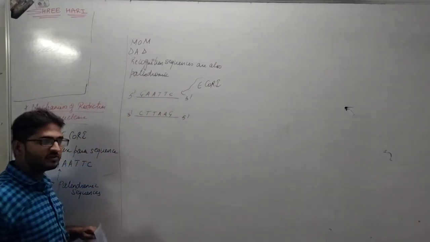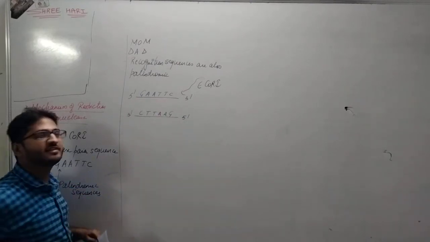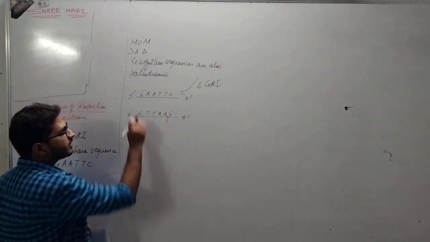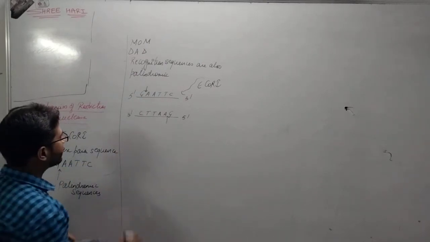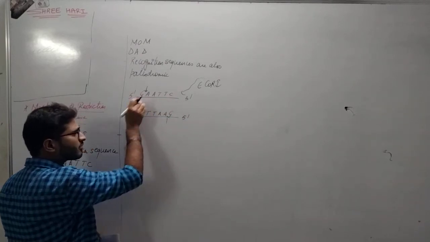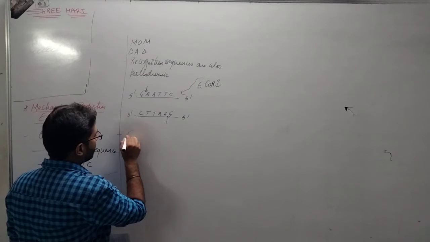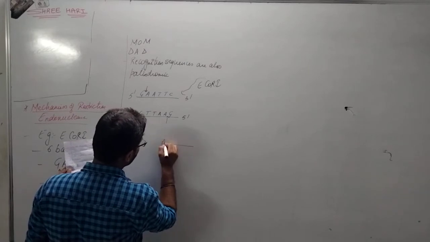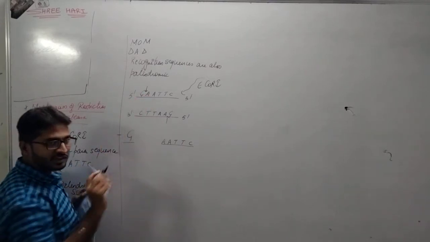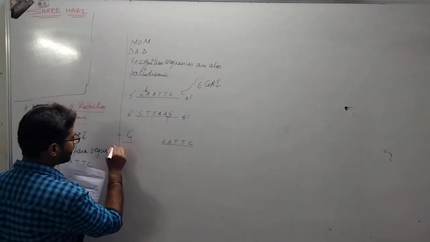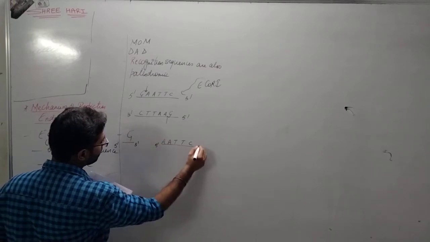The recognition sequence is the 6 base pair GAATTC, and it cuts between G and A. It makes a cut here, and also between G and A on the other strand. In the first strand, G is separated and we get AATTC, because the phosphodiester bond between guanine and adenine breaks, and hydrogen bonds also break.